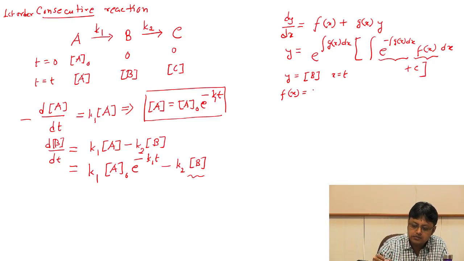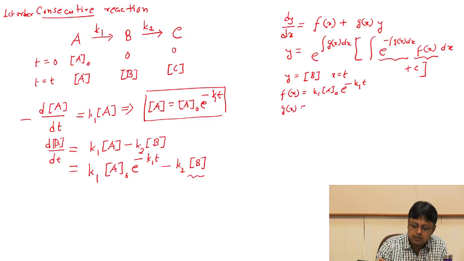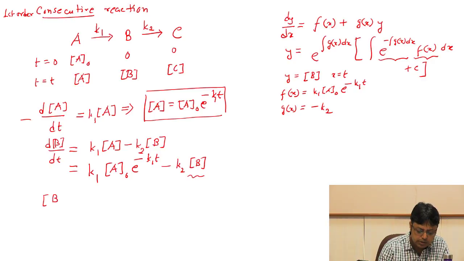So f(x) is nothing but K1 A0 into e to the power minus K1t, and g(x) is just a constant, which is minus K2. You can see it is g(x) into y. So you can just write the equation here. B is nothing but, you can follow it from here.